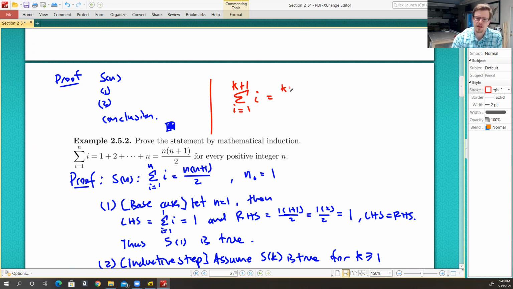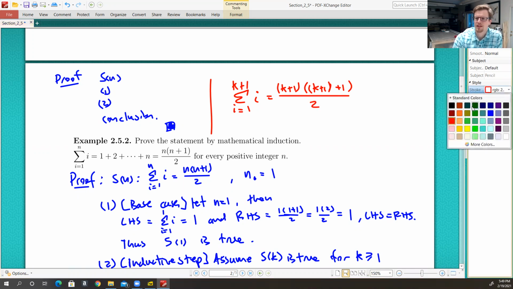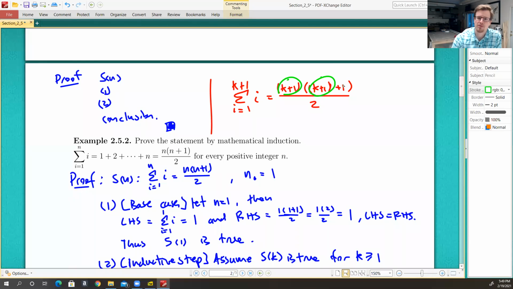So I have k plus 1 right here, and then times k plus 1 plus 1 divided by 2. So I have n times n plus 1 over 2, where my n in this case is k plus 1. So I'm going to start with the left-hand side and then find the right-hand side.